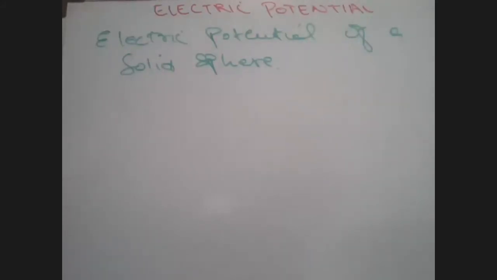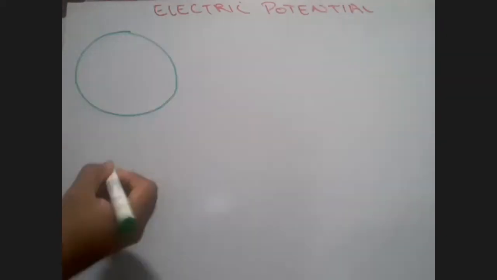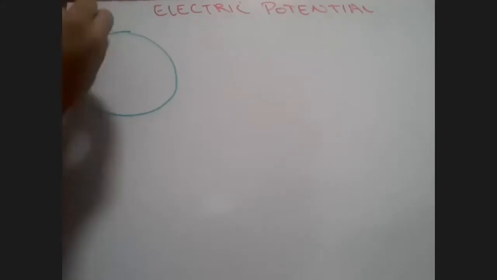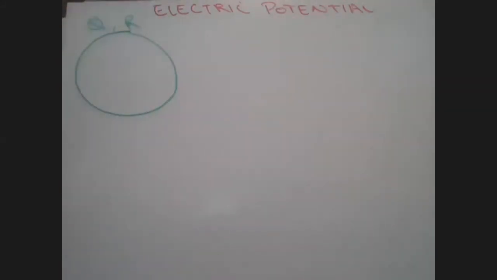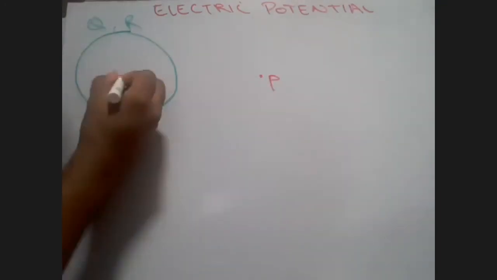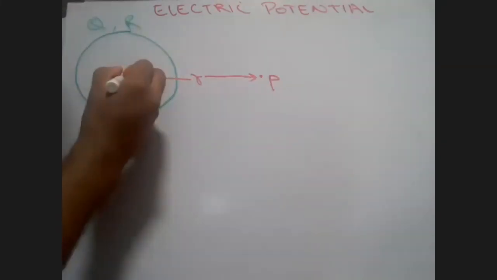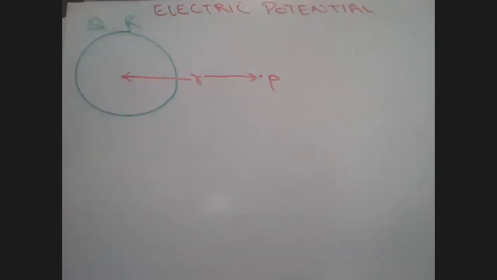Let's say there's a sphere, and I'm saying that this sphere has a charge of capital Q and a radius of R. And there is a point P at which I want to find the electric potential, and this P is at a certain distance R.